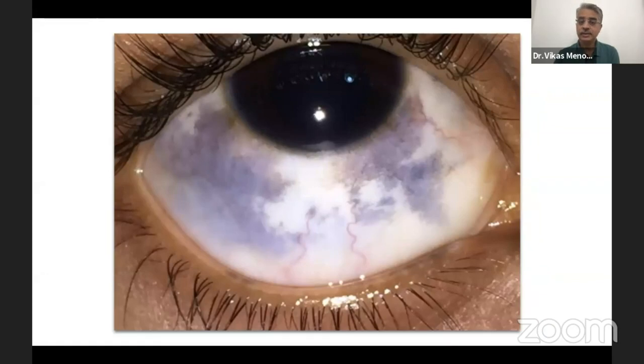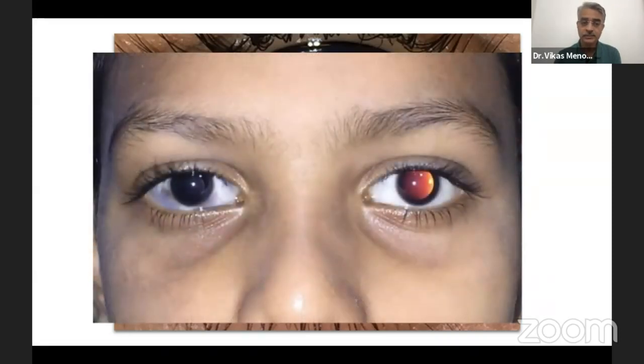There can be various degrees of the spread of this pigmentation on the sclera. But what is important here is to look at the eyelids also, and sometimes you will see that the eyelid skin is also pigmented along with the episcleral tissues. In such situations, it is called oculodermal melanocytosis or nevus of Ota.